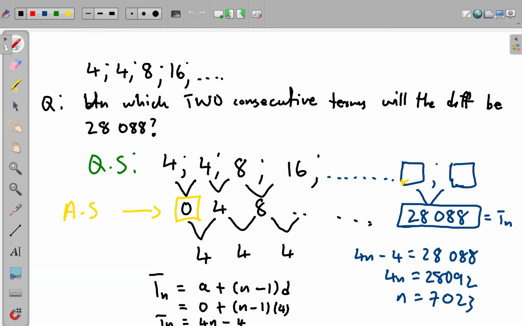So if we have term 4 and term 5, we're always gonna go for term 4. For the arithmetic, the actual term will be the lower one.